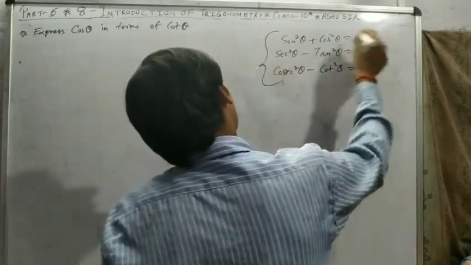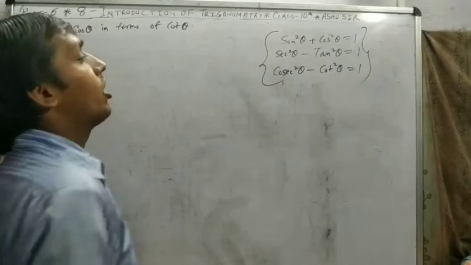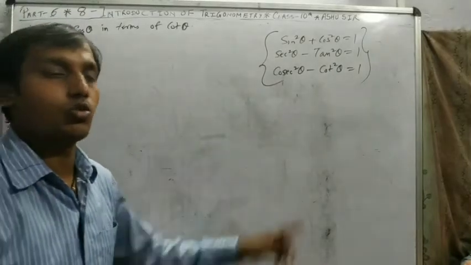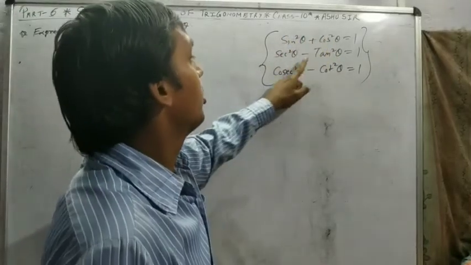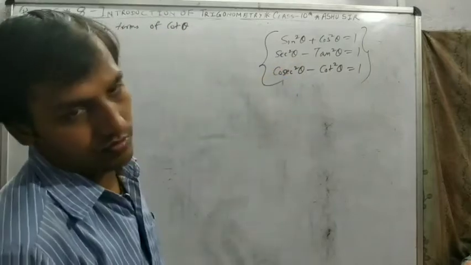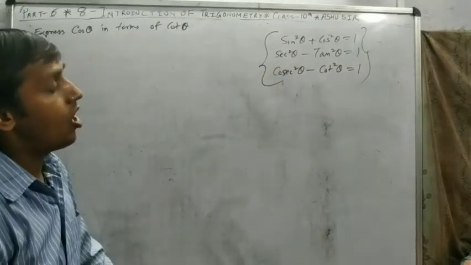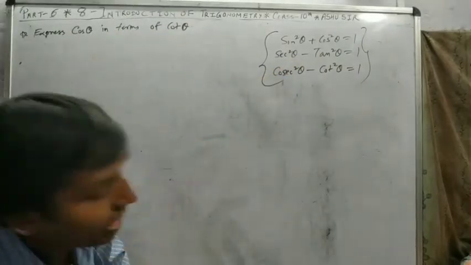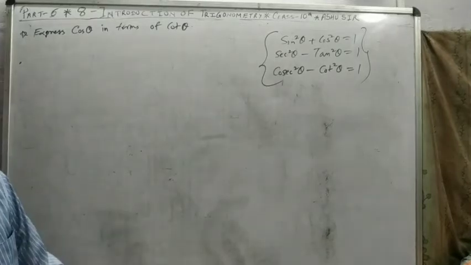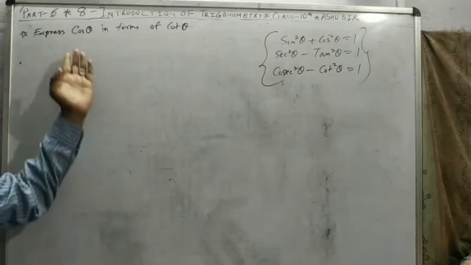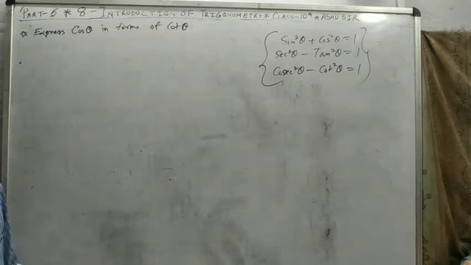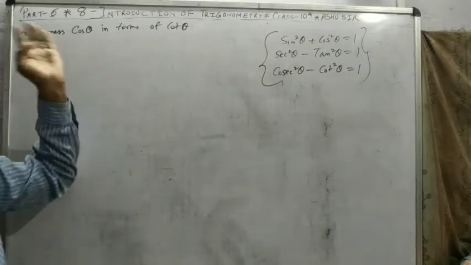If you see these three identities, they contain all 6 trigonometrical ratios: sin, cos, tan, cot, sec, cosec. And we use these three identities and solve all types of expressions, just like cos theta in terms of cot theta. You can take sin in terms of sec.